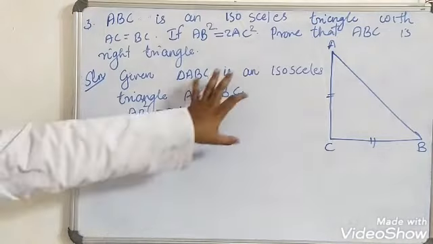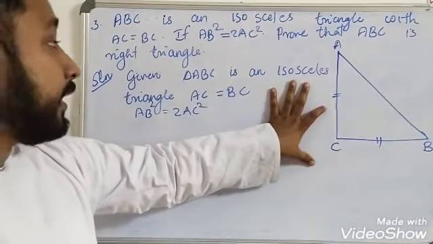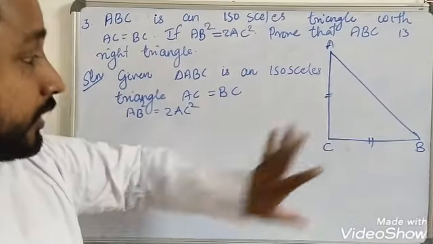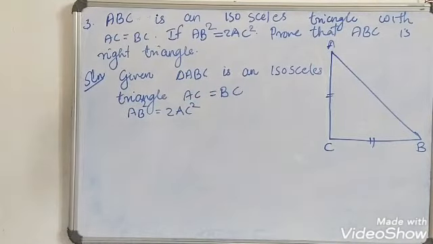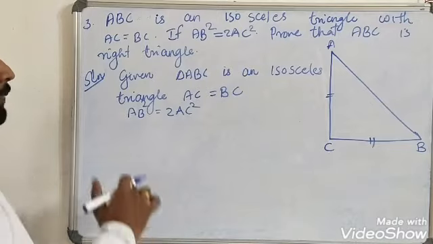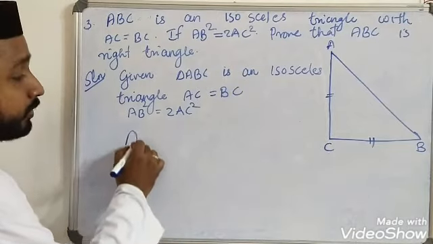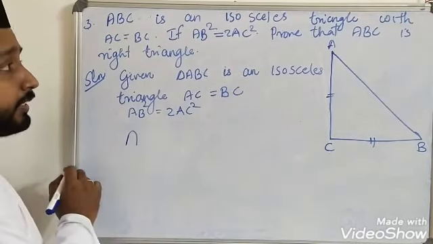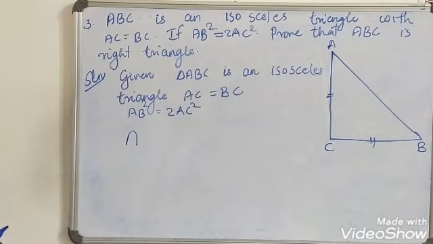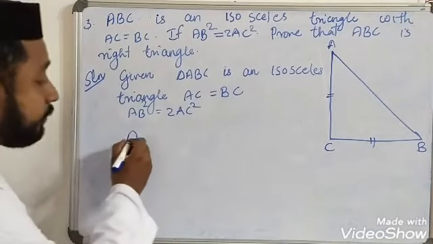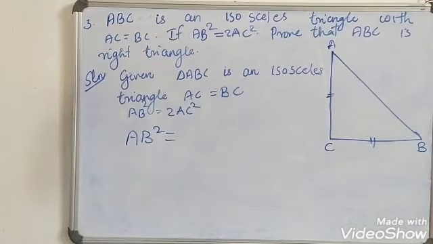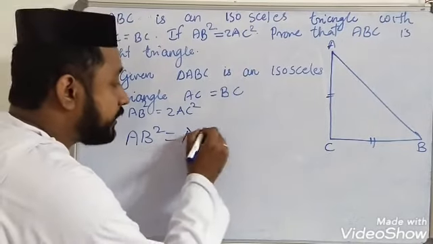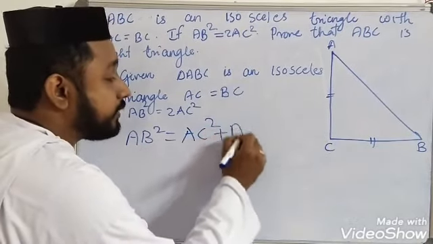So given that triangle ABC is an isosceles triangle with AC equal to BC, and also given AB square is equal to 2AC square. I am going to write AB square which is equal to 2AC square. Instead of 2AC square, I am going to write AC square plus AC square.